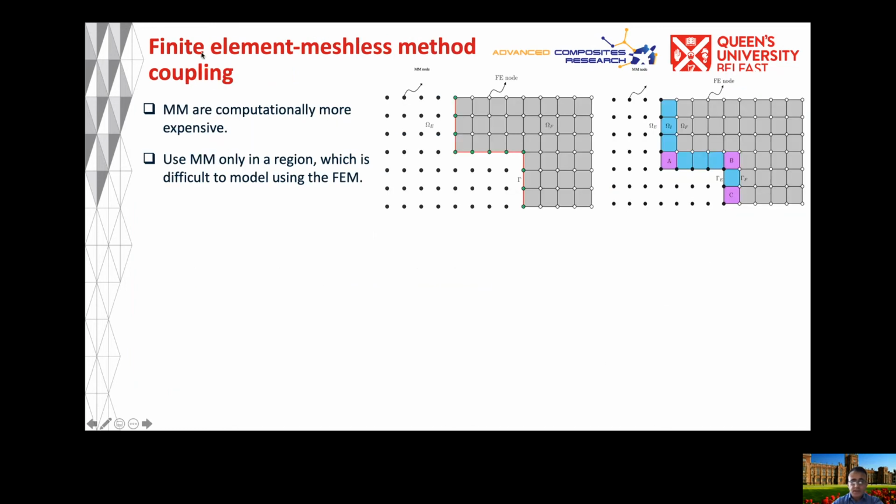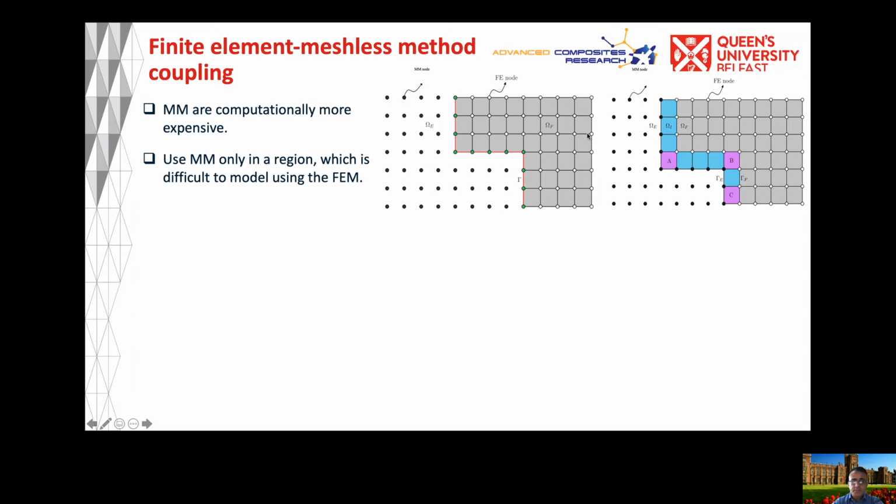The problem with meshless methods is that they are computationally more expensive as compared to FEM. So the idea is to use meshless methods only in a region which is difficult to model using FEM, while in the remaining part of the problem domain, we can use finite element, as you can see in these figures.